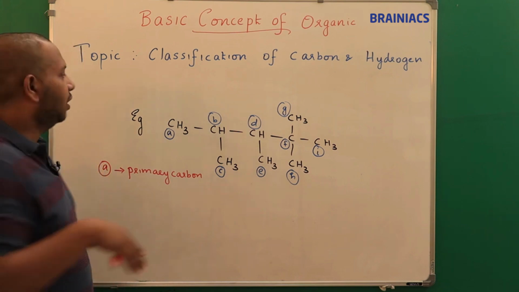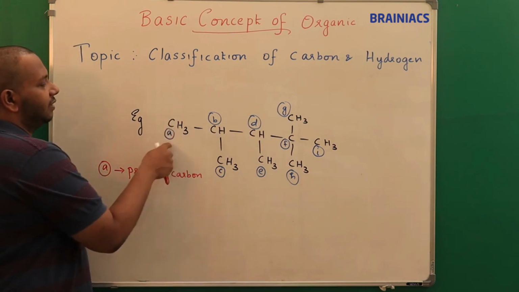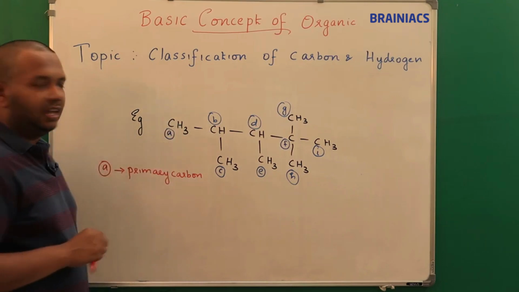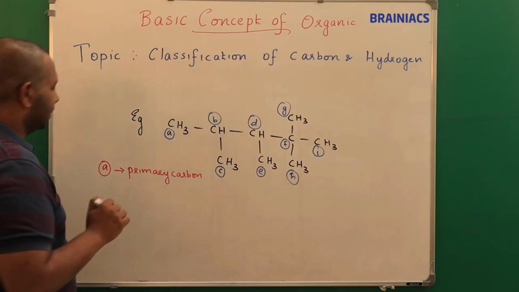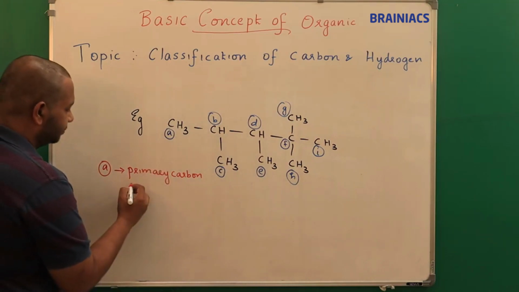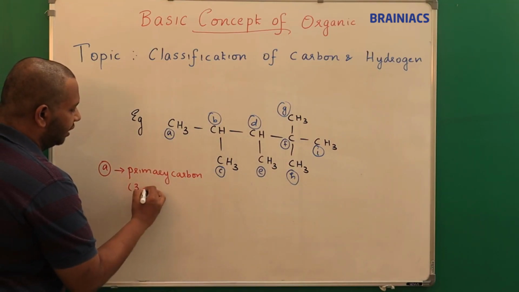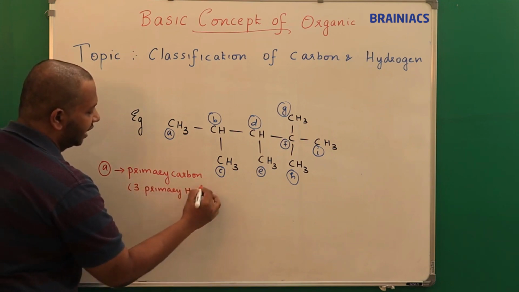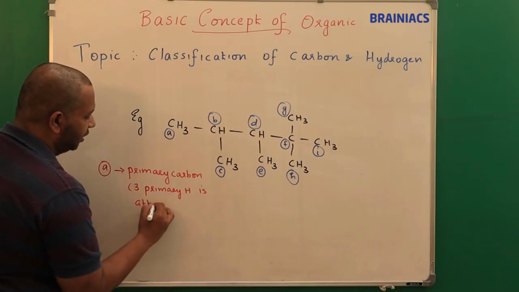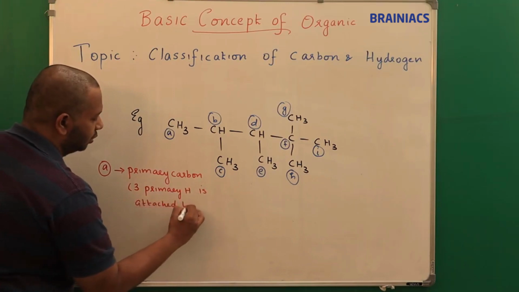Primary hydrogen. Now tell me, how many primary hydrogens are associated with the carbon A? I know that 3 hydrogen atoms are attached. So 3 primary hydrogens are there. So I can say here 3 primary hydrogens are attached to A.